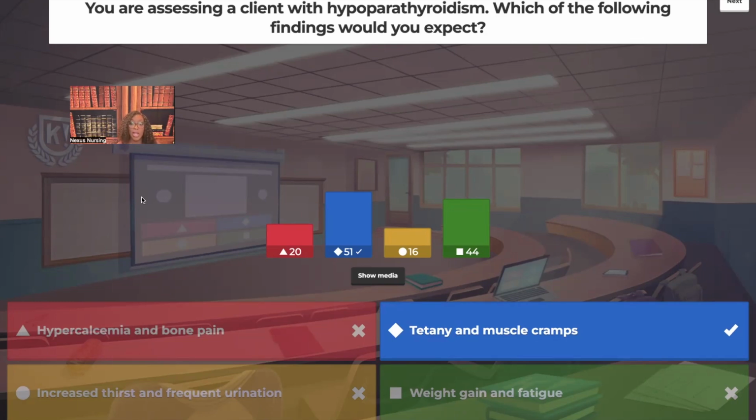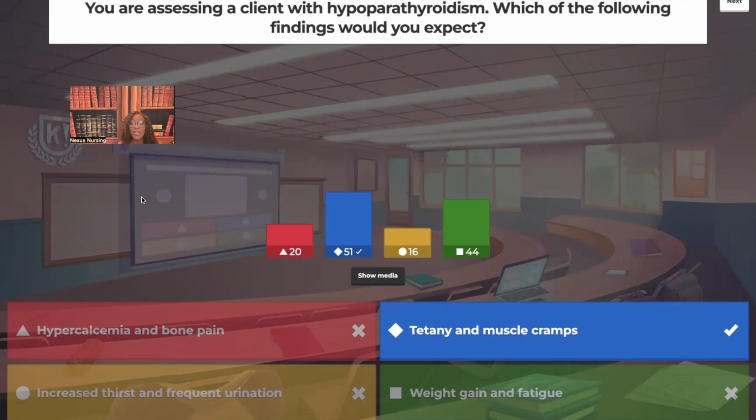Let's look at the other options. The first one, hypercalcemia, bone pain. What would we see that in? Obviously, guys, we'd see that in hypercalcemia, hyperparathyroidism, not hypo. How about increased thirst and frequent urination? We'd see that in a patient with hyperglycemia, right? You'd be thinking polyuria, polydipsia, polyphagia.